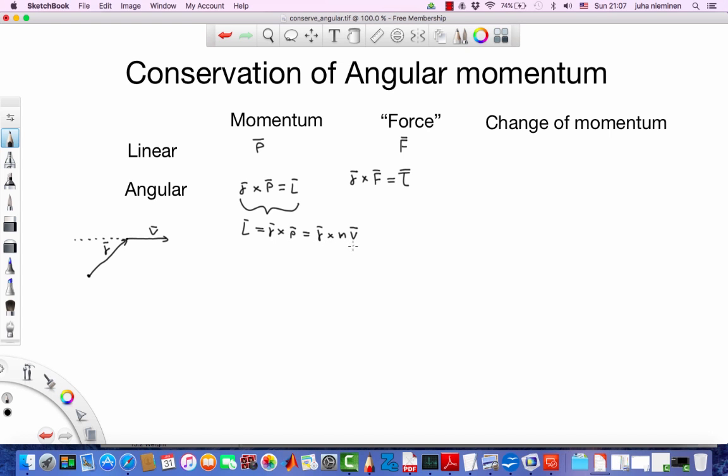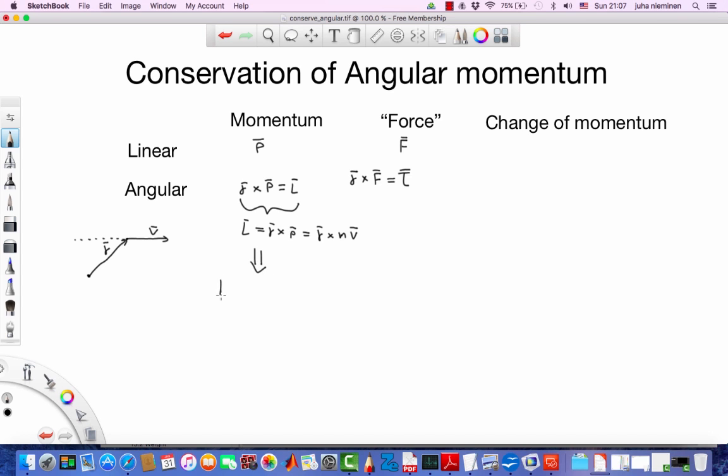And if we want to do it for any given object, we have to sum all these individual angular momenta of that object. We're not going into details, and the calculation of angular momentum in the general case for a rotating object can get pretty tricky, but we state the following result.